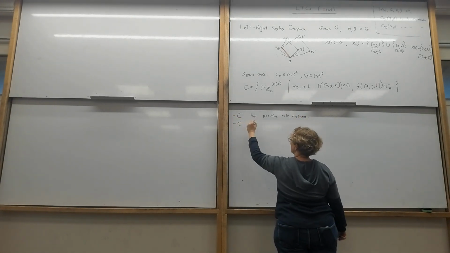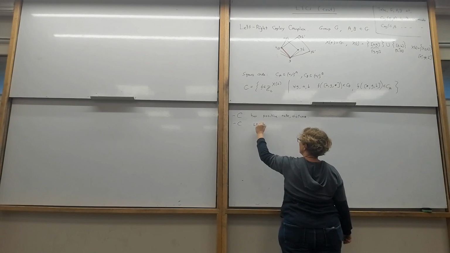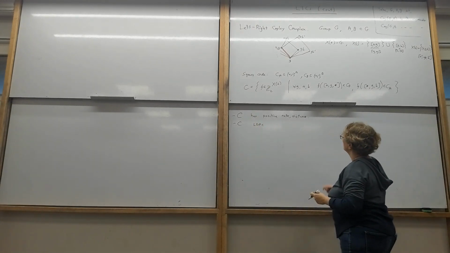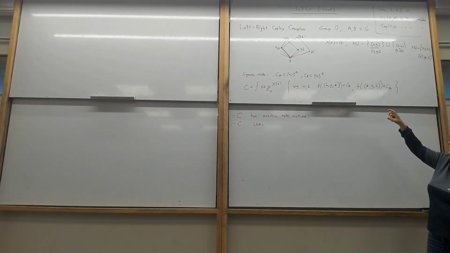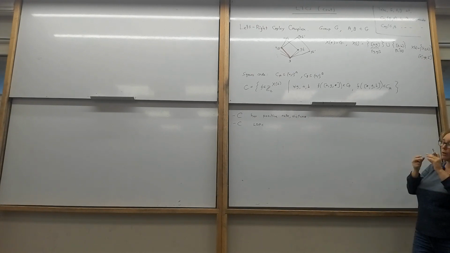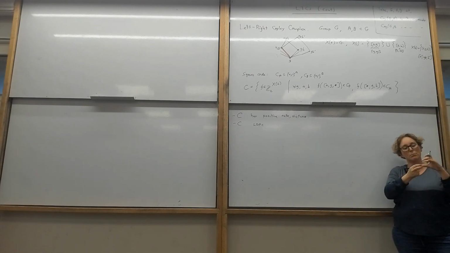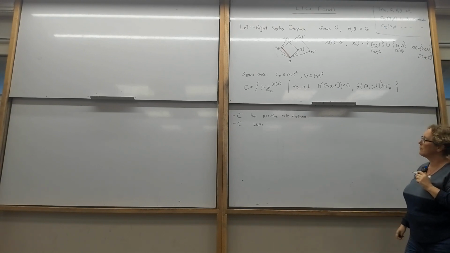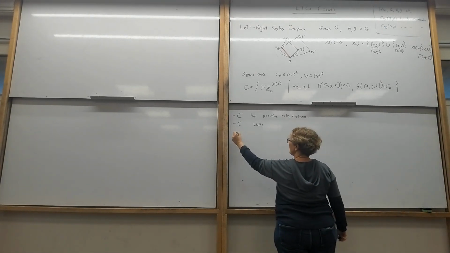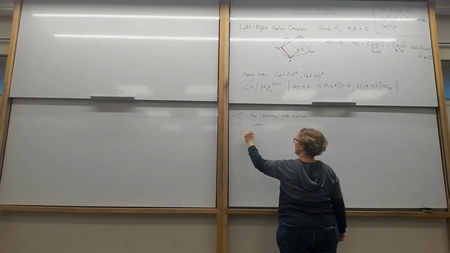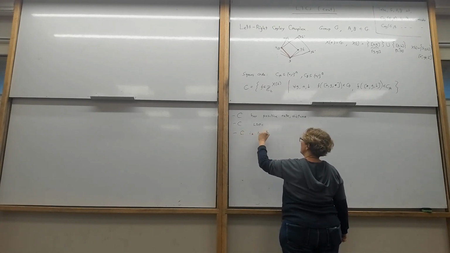It's also LDPC, low density parity check, because all of the linear constraints that define C are very small, they're very local. They look at a number of bits that's bounded by the degree, so it's very small. And we want to show that C is locally testable.